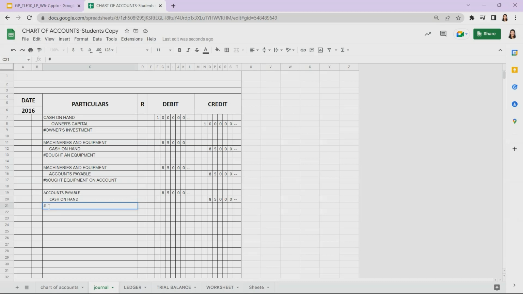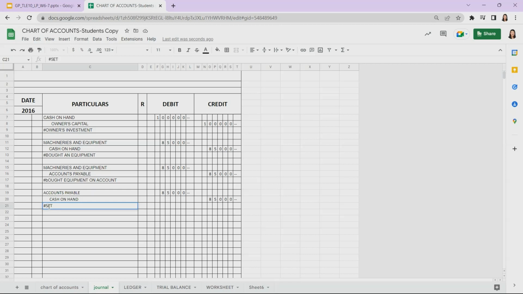Cash. Anong mangyayari sa cash natin? Kapag nagbayad tayo ng utang, it will decrease. Anong account si cash? It is an asset account. Whenever asset decreases, where should we put it? Should we put it on the debit side or on the credit side? We have to put it on the credit side. That's why we have credit, cash on hand.